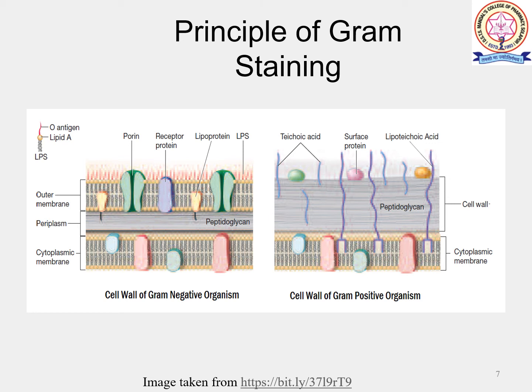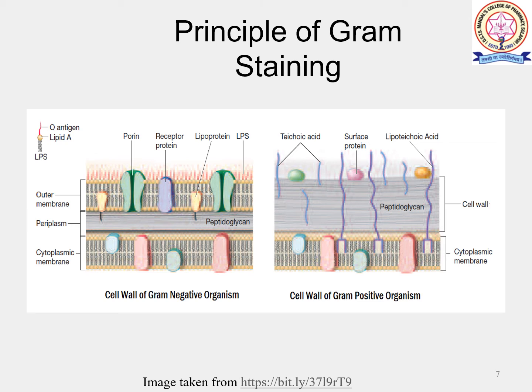In the next step we add the iodine as a mordant. The iodine, that is I- or I3-, reacts with the CV+, the crystal violet ions present here, forming the crystal violet-iodine complex with the cytoplasm and outer layers of the cell.